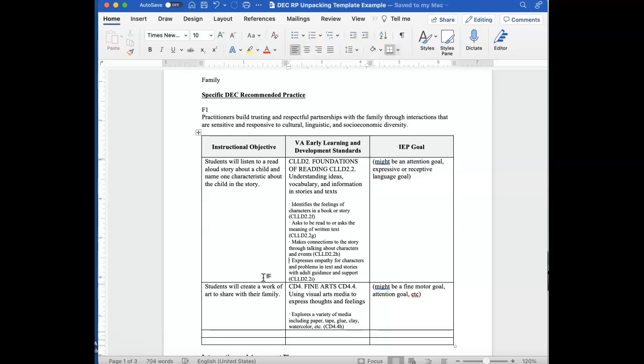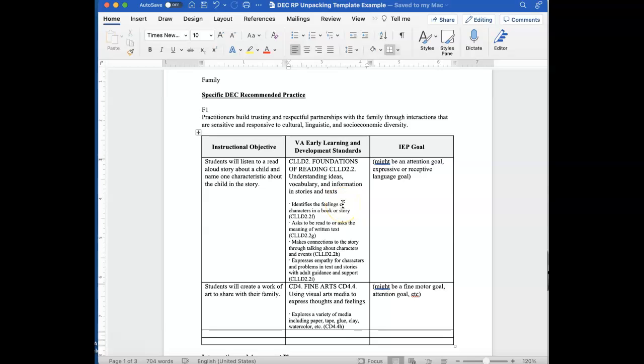So I might have the kiddos create something to bring home to their families. Particularly in the early days of school, it would not be my artwork, it would not be my project, it would not be my quote-unquote theme. It would be celebrating the individual child. So I would let them create whatever they wanted to create. And so those would be my instructional objectives.